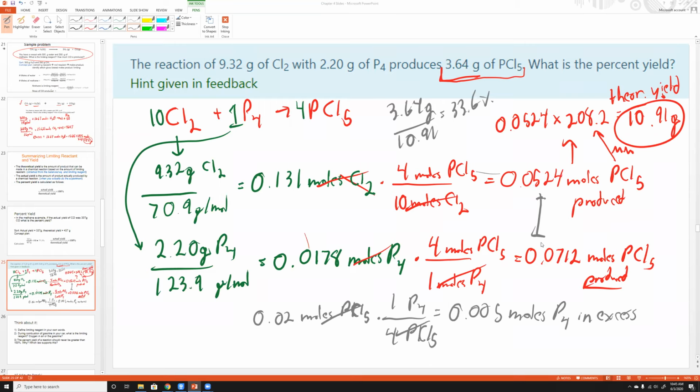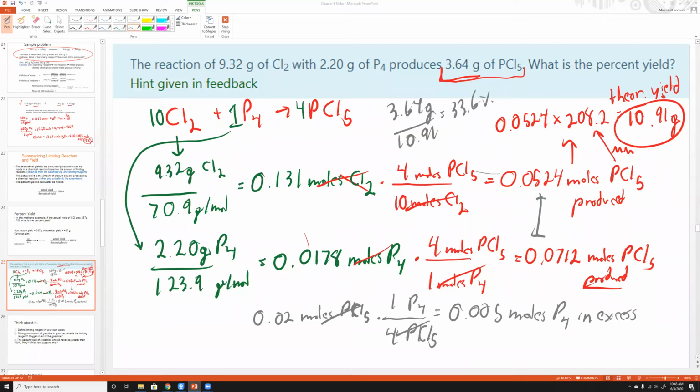So that is the amount of moles that is not going to be accounted for in the reaction, and the amount of product that's going to be, in essence, lost because one of the reactants was used up all the way. Using that missing amount, going backwards, you can figure out how much of the excess reactant is left over that would produce that missing amount. So hopefully that makes sense.